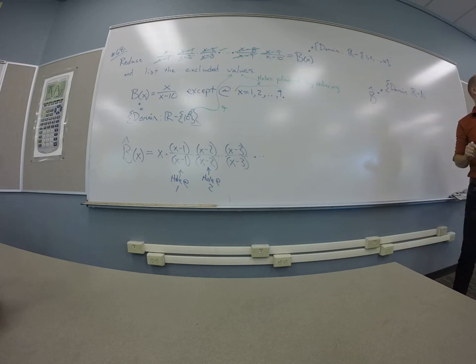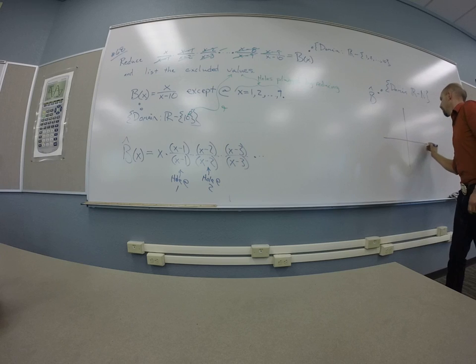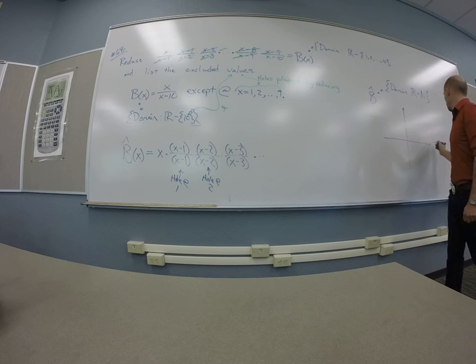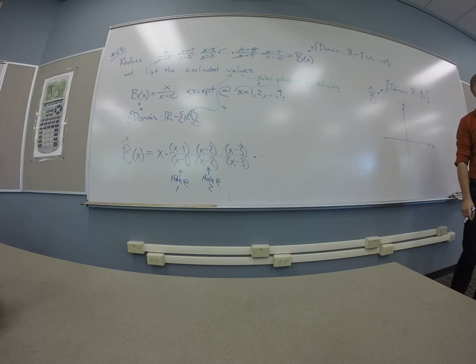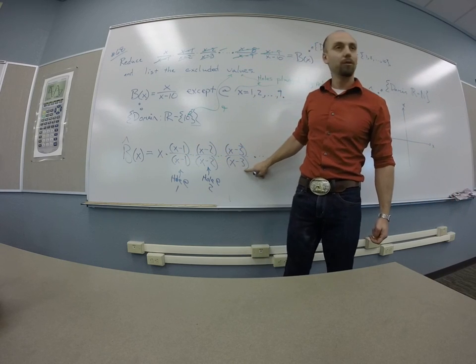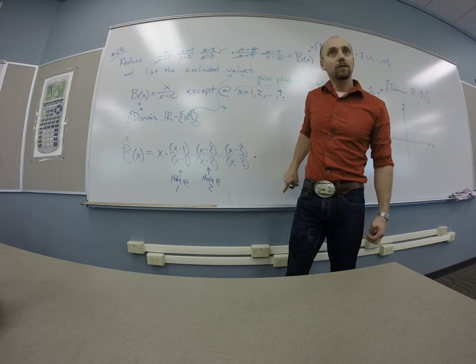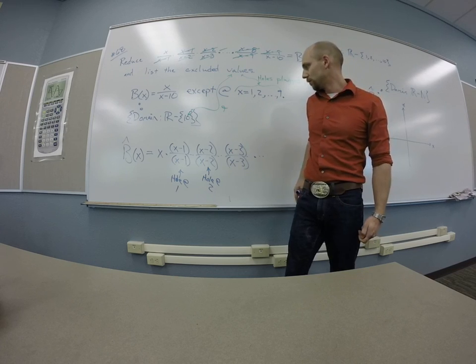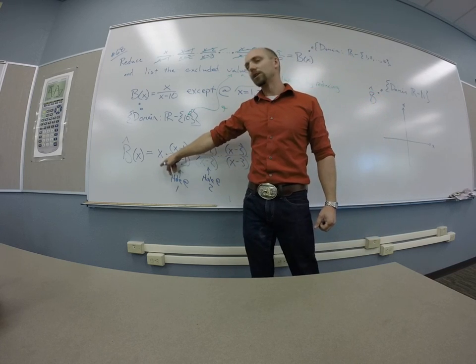You see that? And I can actually even graph this function. What was the function I started with before I started punching holes in it? X. You guys all see that? It started with b of x is x, and then I punched a hole at 1, 2, 3. Well, technically, doesn't that punch a hole at 0 as well? No, because I didn't ever divide by x.